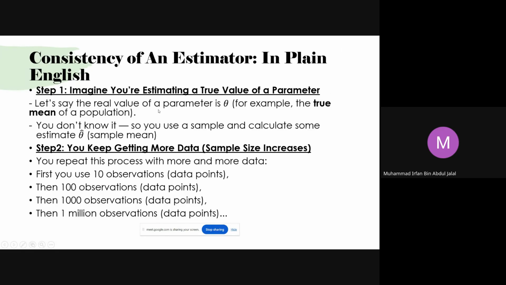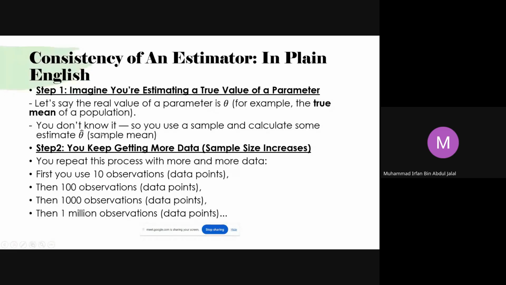Let's say the real value of a parameter is theta, for example, the true mean of a population of the condition of interest or quantity of interest: systolic blood pressure, the blood glucose, and even the age of the patients in certain areas, or the prevalence or the proportion of people with kencing manis, diabetes, in the state of Perak. It can be anything.